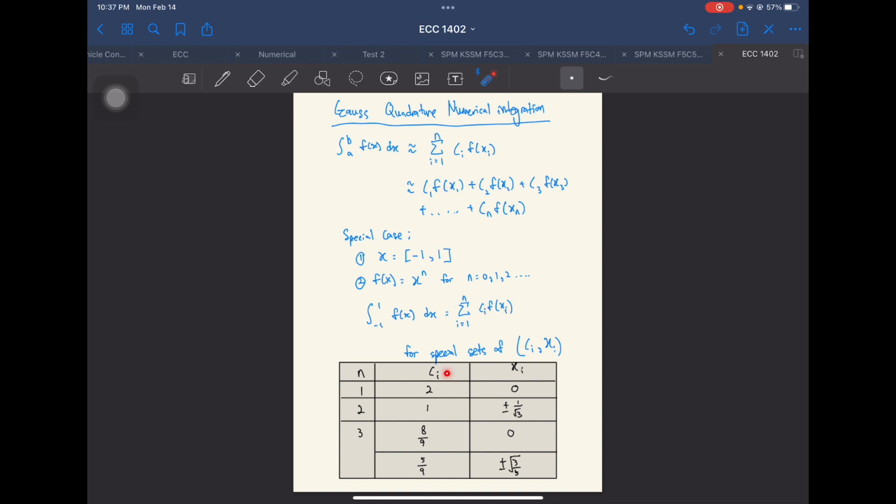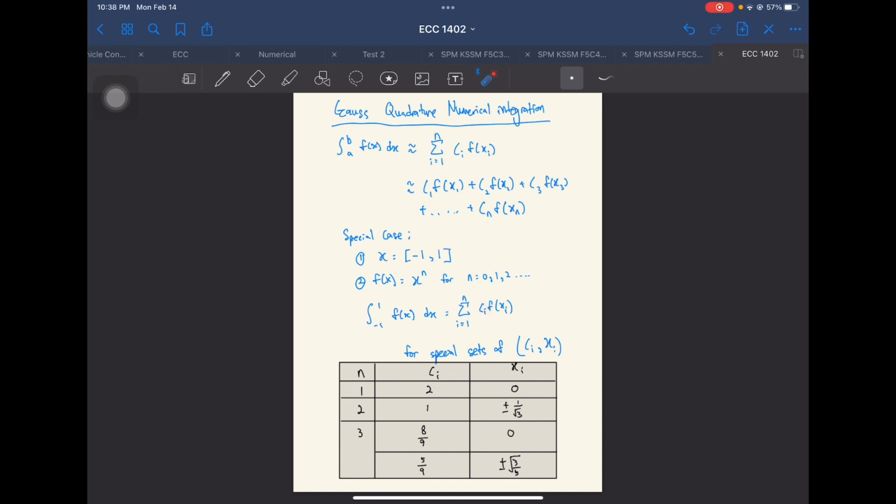The c can only be 2 and the xi is 0. So you can say that the area under the curve of -1 to 1 of f(x) is equal to c1 times f(x1), where x1 is 0 and c1 is 2.